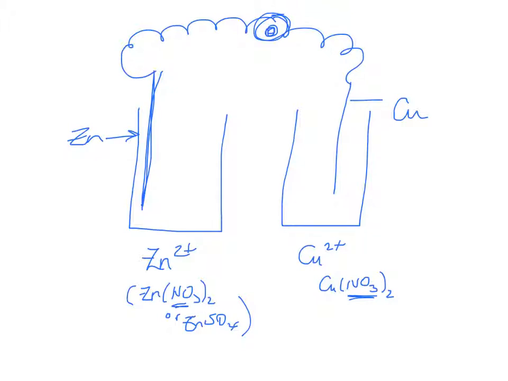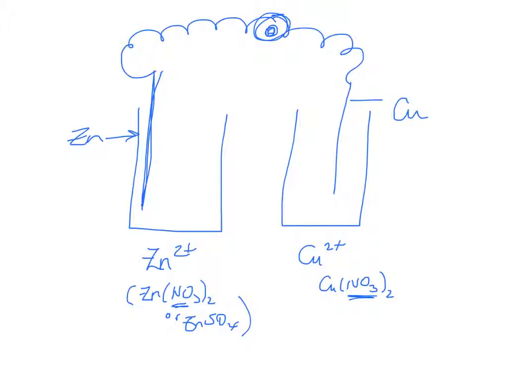Alternatively, you can connect it to a galvanometer or a voltmeter to measure the voltage that gets set up between the two half reactions. So the flowing electrons would constitute an electric current and could be used to do some electrical work.